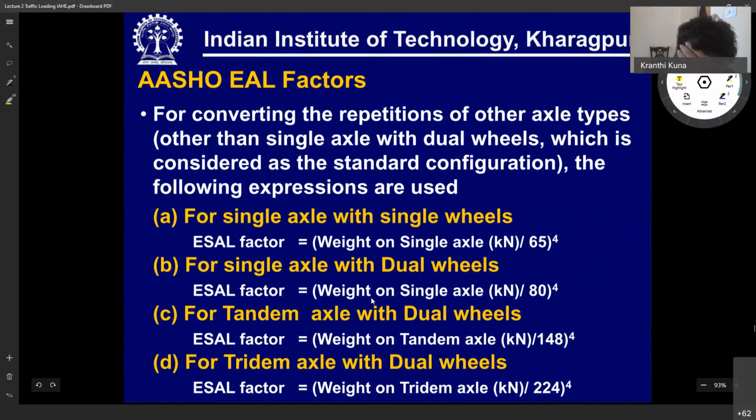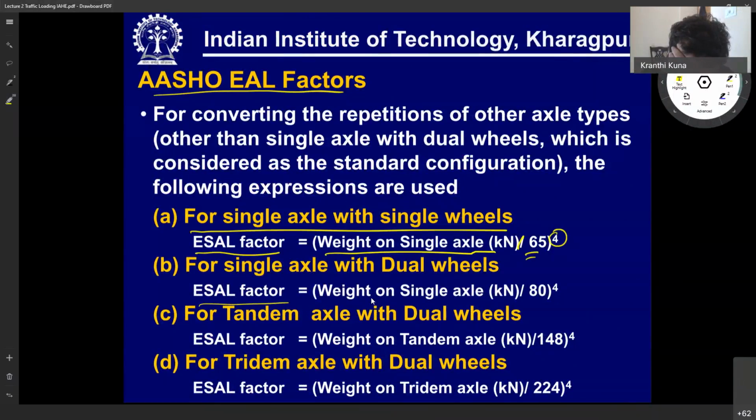In IRC 37 and also in AASHTO, equivalent load factors for converting a single axle with single wheel, you can use the equivalent standard axle load factor: weight of the single axle divided by 65, power 4. Similarly, if you are having a single axle with dual wheel, this is what you use.